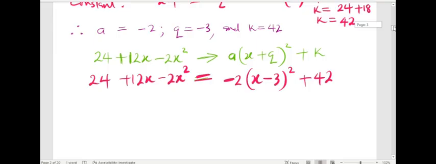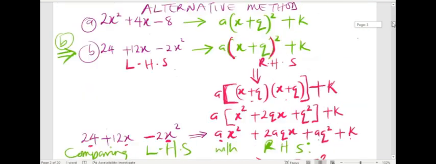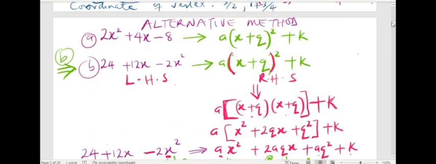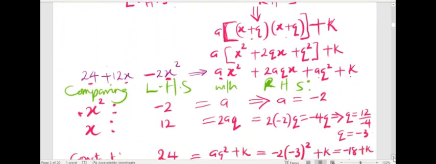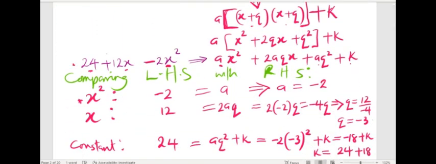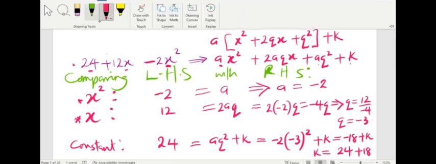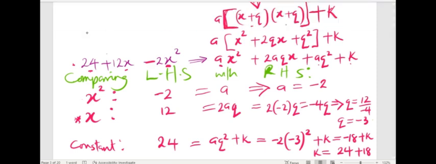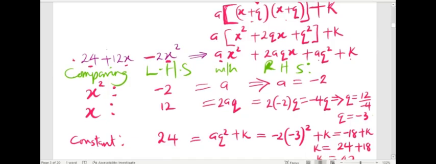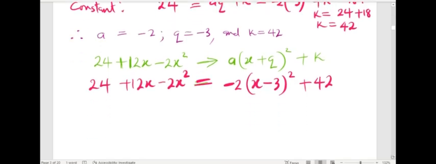All right. So it's basically expanding the right hand side and equating it with the left hand side and comparing the terms. Compare the coefficients of x squared, compare the coefficient of x, and compare the constants, and with that you can find all the other terms.